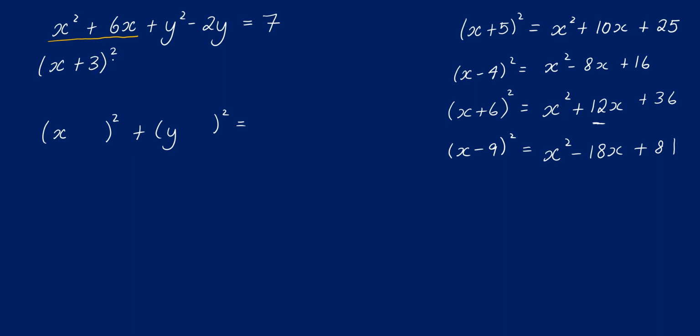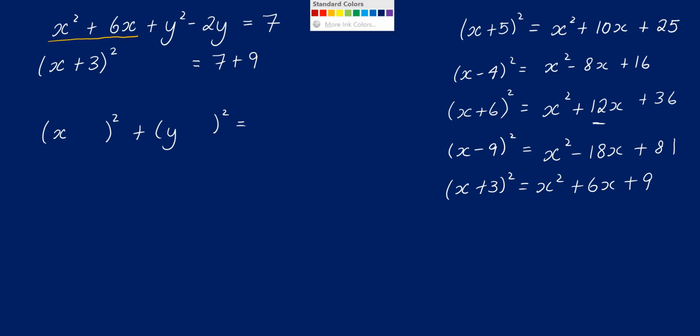But when I expand x plus 3 all squared, I get the x squared and I get the 6x, which is what I wanted here, but I get a plus 9. So from going from here to here, I've actually added 9 to this side. That's okay. To keep it all balanced, I have to add 9 to the other side. Sweet. And now we focus on the y's.